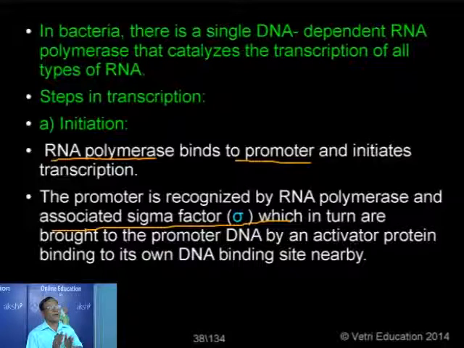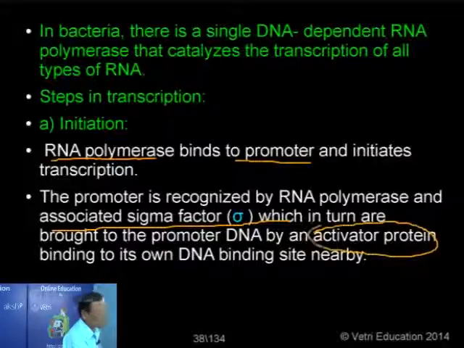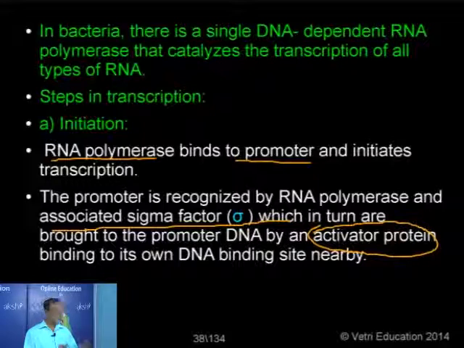We need a guide. The guide is in the form of an activator protein. So, the RNA polymerase and the associated sigma factor have to reach the promoter and bind with the promoter. For reaching the promoter, they need the help of an activator protein.